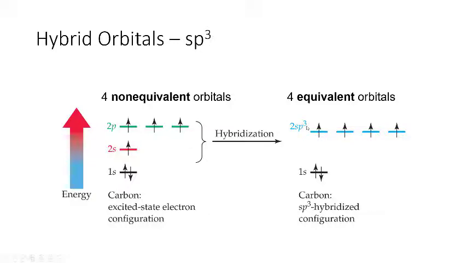And so what that sp3 notation means is that you can think of the superscript as saying how many of each s and p orbitals are combined together to form this sort of hybrid orbital. So the s has a superscript of 1, so that means there's one s orbital, and then 3 p orbitals have been hybridized together to form 4 equivalent orbitals, each of identical energy.